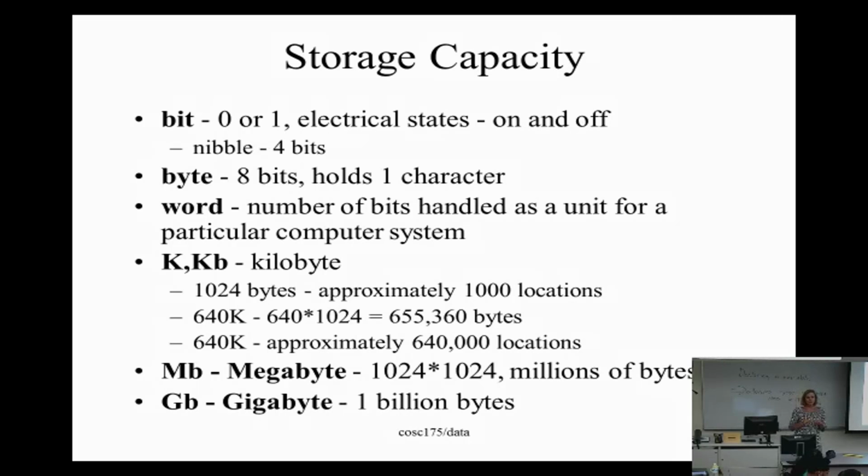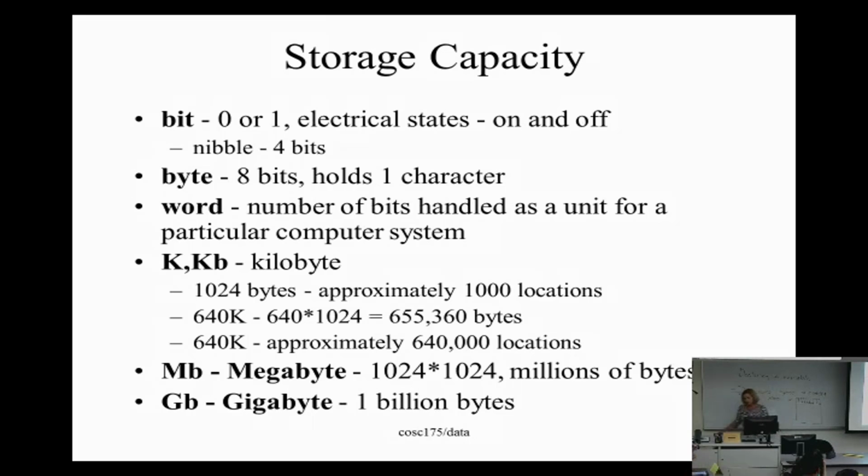Now, a bit can have what value inside any one of these bits? What can the value be? Why 0 or 1? Tyler? Okay, so the computer is electronic, agreed?